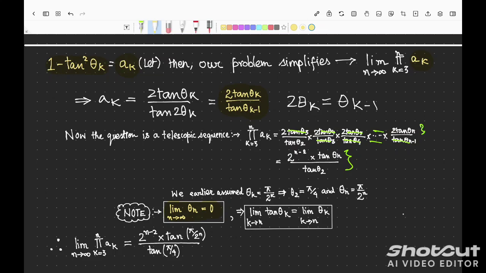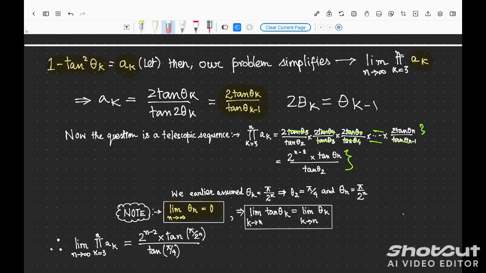So that is the motive for us to derive that tan theta n is equal to theta n as the limit of n tends to infinity. Right? We deduce this expression.